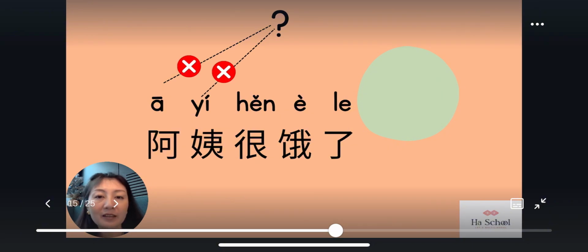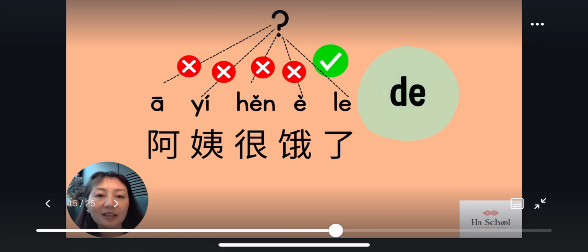No. Da, hen. Absolutely not the same. Da, 饿 sounds similar, but da is lighter than fourth tone. Have a look at the last one. Da, le. Yes. So in 阿姨很饿了, le is the same tone with da. They are both the light tone.